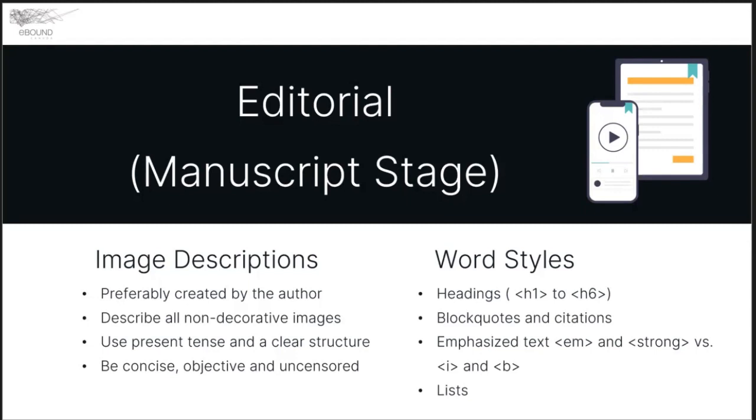And you can use word styles in Microsoft Word to mark headings, block quotes, citations, and distinguish between emphasized and italicized text and strong versus bold. And you can also mark up lists. Later on, we'll discuss the Accessible Publishing Learning Network, where you can find links to a downloadable word style template, as well as a literary image description best practices guide.